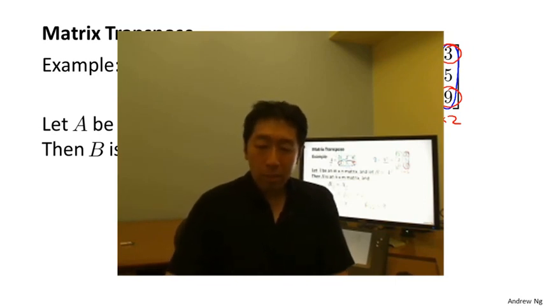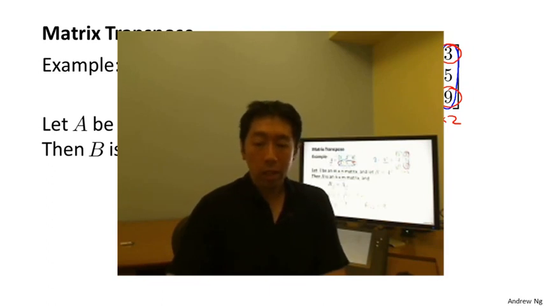And next, with these new tools, we'll be able, in the next few videos, to develop more powerful forms of linear regression that can deal with a lot more data, a lot more features, and a lot more training examples. And later on, after linear regression, we'll actually continue using these linear algebra tools to derive more powerful learning algorithms as well.